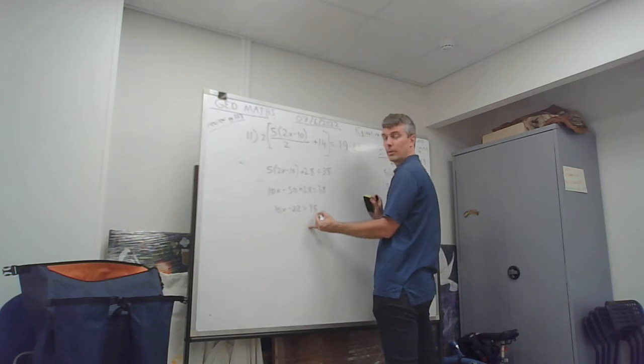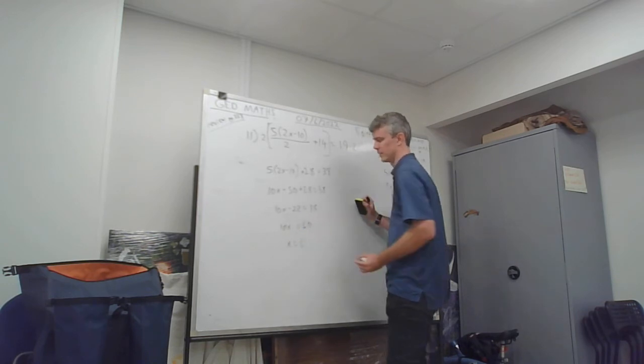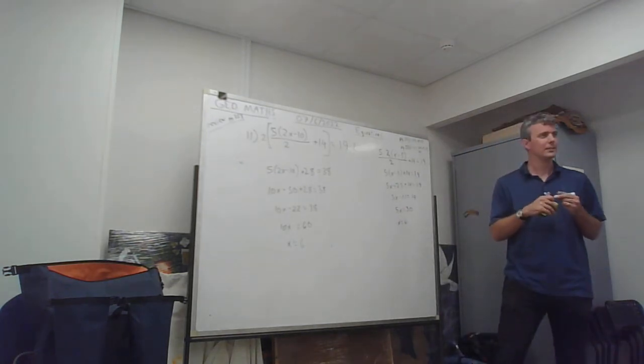And we add 22 to both sides. So we get 10x equals 60, and x equals 6.